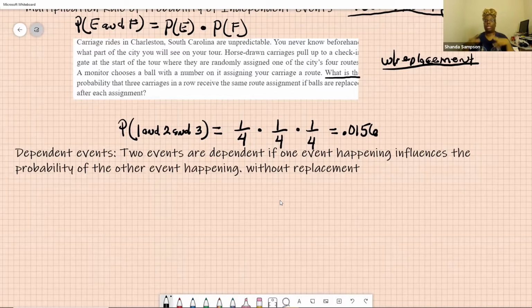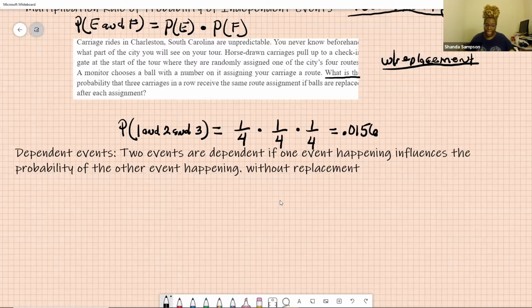For example, again, if you have those 10 marbles and you take 1 marble out, that's 1 out of 10, all right? Now, if you put the marble back in, the next choice is 1 out of 10. But if you take the marble out and put it in your pocket, the first one was 1 out of 10. But now when you go to take the second one, you're going to choose 1 out of 9, because you no longer have the same number of possibilities as you had at the beginning.